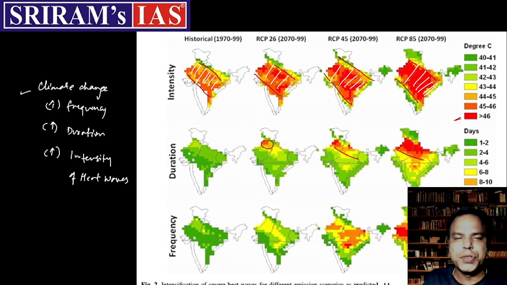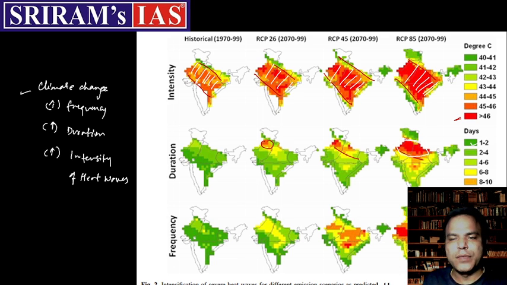Celsius. For duration, one single heat wave event used to stay initially for only 1 to 2 days. Now it is extending to more than 10 days. This extension is especially in northern India, especially in northwest India and the Gangetic plains.